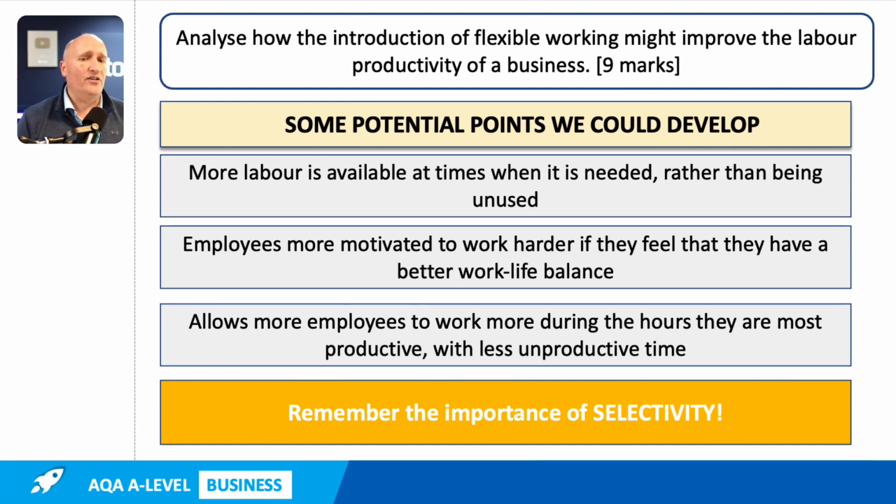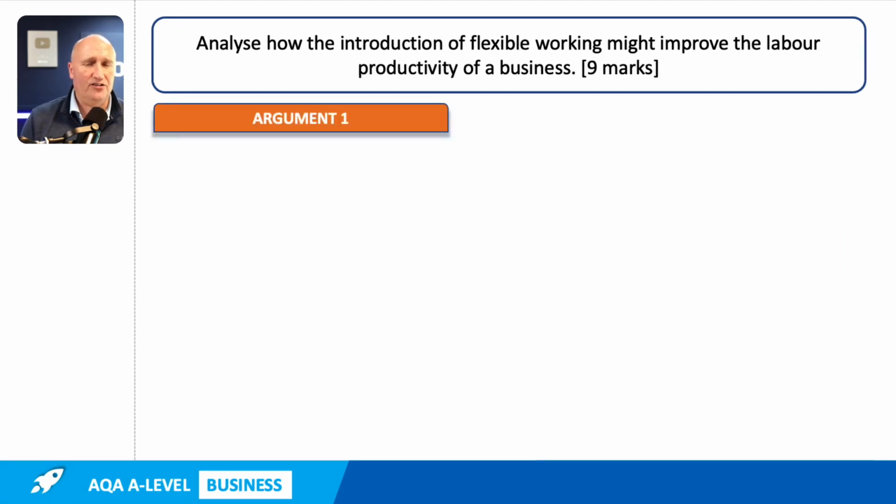Or you could develop a point that says that flexible working, the introduction of it, might allow more employees to work more productively during the hours when they are most productive, and consequently they have less unproductive time. And that's the point that I decided to use as my example for a worked answer to this question.